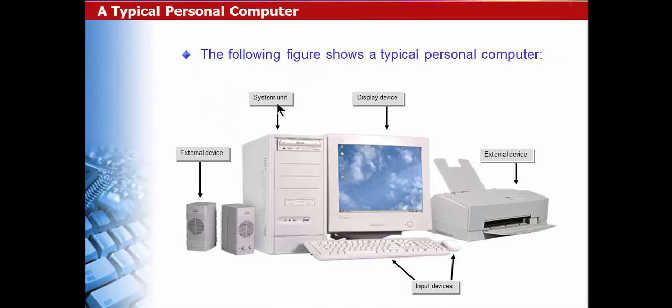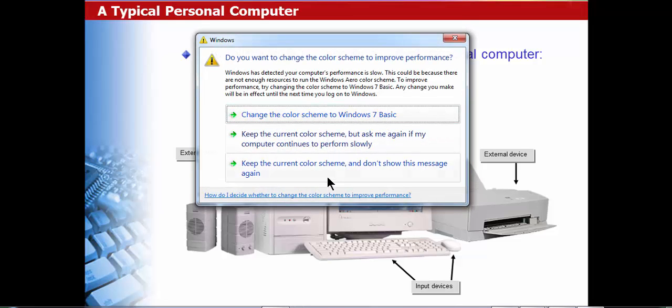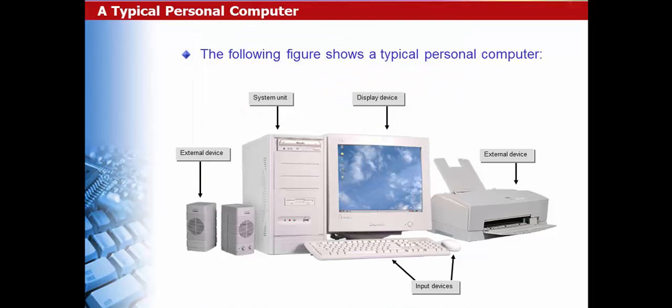Okay, so this is going to be a normal picture of an old school computer. Modern days no one is going to use these kind of monitors here. Everyone uses a CRT monitor.